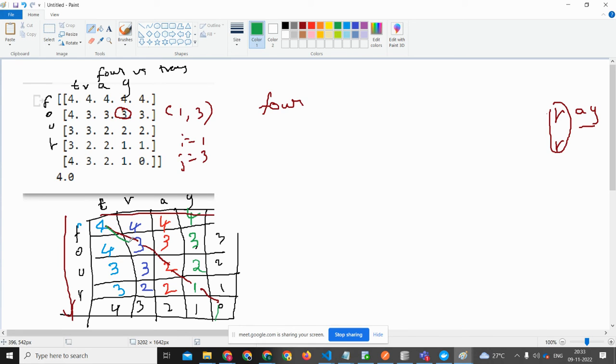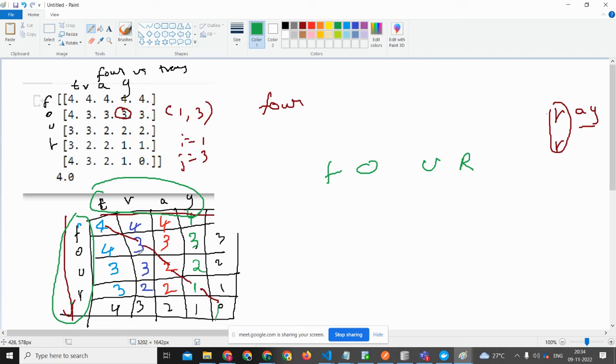We are using the same words, four and tray. I need to convert this to tray, so the first operation is substitute.